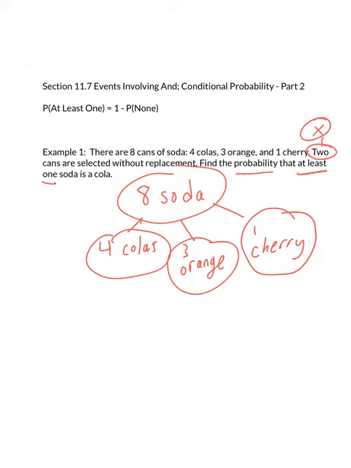Okay, so now we have our picture. We want the probability that at least 1 can of the 2 that I select is a cola.